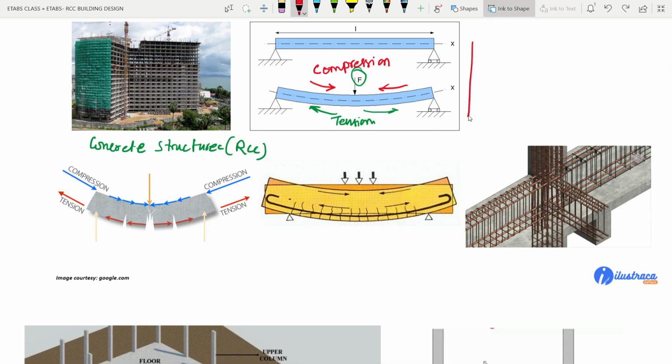Okay, how it will work. Suppose this is the beam cross section, and I want to draw the neutral axis, suppose here. So when we have the load F from here, these top fibers are in compression, and the bottom fibers are in tension, right?